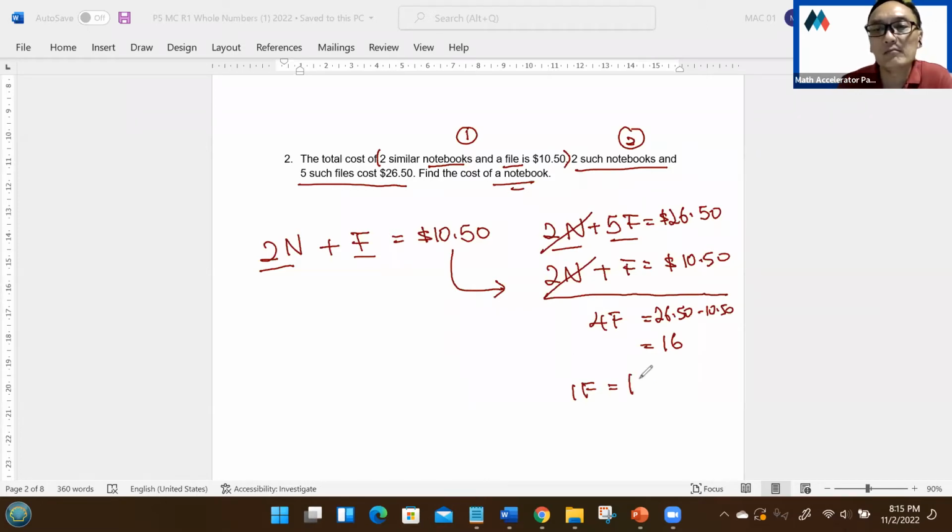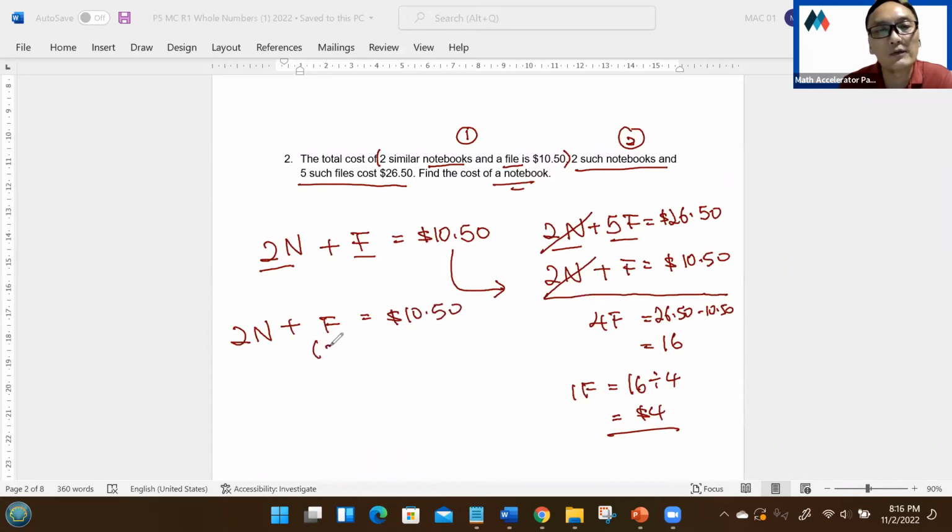So 16 divided by 4, you get $4, right? So the answer to this question, so we are able to find that 1 file is $4. But we're not looking for file, we're looking for notebooks, right? So the next thing is we will substitute over here. So remember, 2 notebooks plus a file is equal to $10.50.